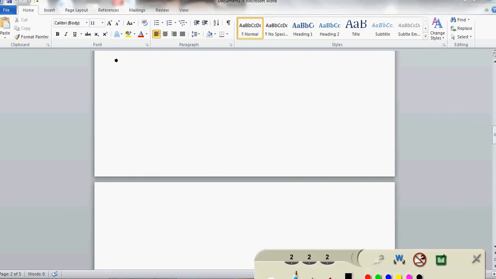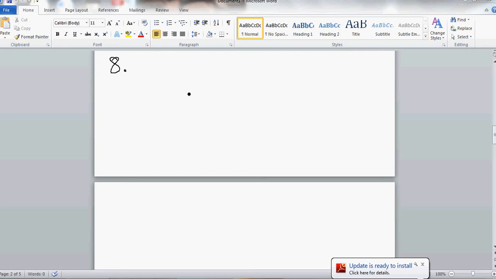Okay, let's look at number 8. Number 8 asks, how long will it take for an investment to double if it earns 5.75% compounded continuously? Okay, here's the continuous problem. The amount is equal to P e raised to the rt.